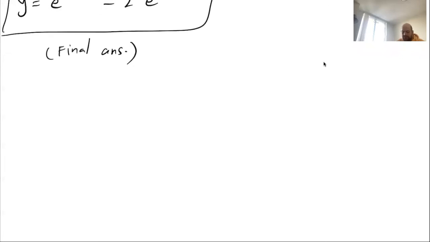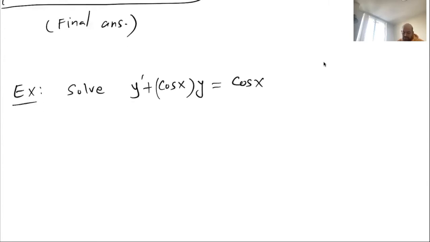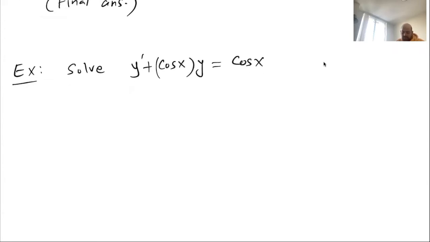All right, let's look at the next example. Solve y prime plus cos x times y equals cos x. Well, again, this is a first order ODE.